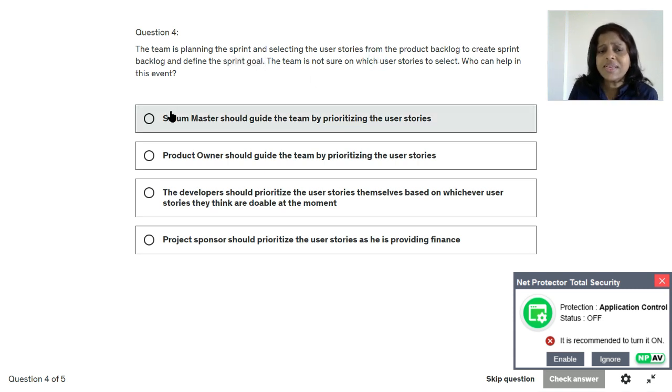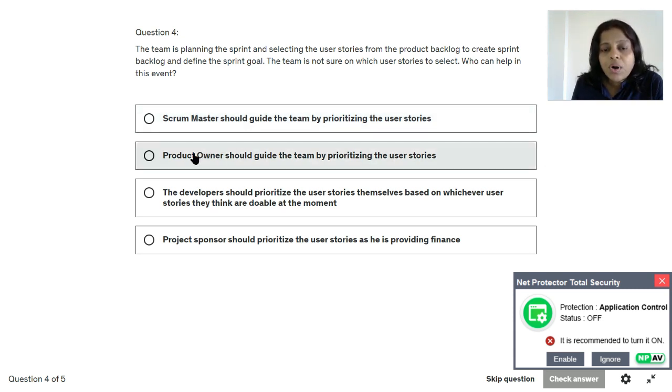The first option says Scrum Master should guide the team by prioritizing the user stories. This is not right. The responsibilities of a Scrum Master are to remove the impediments, enable the team to perform, coach the team on Agile and Scrum practices, and ensure that everybody follows the framework, the process and the practices. So this is not right.